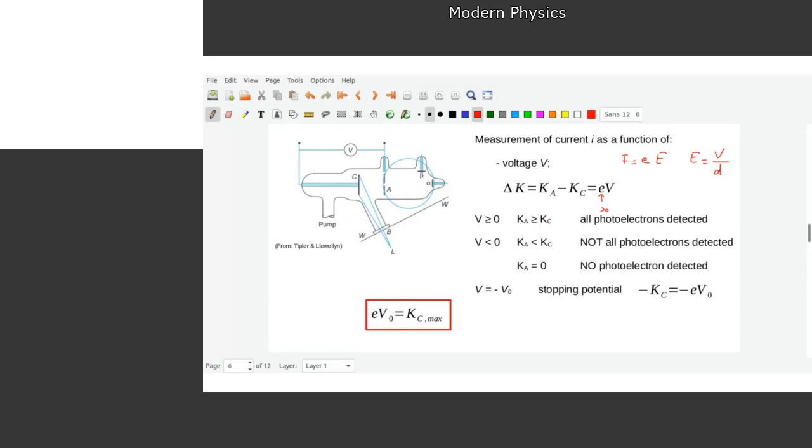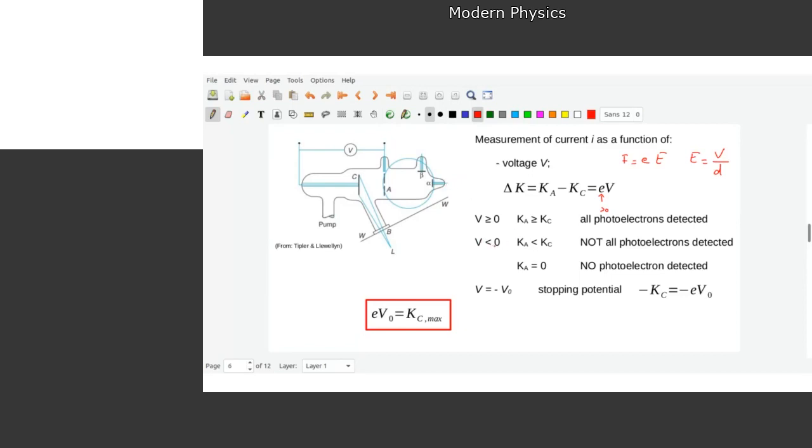And when I say all the photoelectrons are detected, I mean all the photoelectrons that pass through this grid, through this hole, obviously. So they are accelerated, and you will detect them all. So what you expect is that for this positive voltage, you will have some saturation of the current, because you will detect all the photoelectrons.